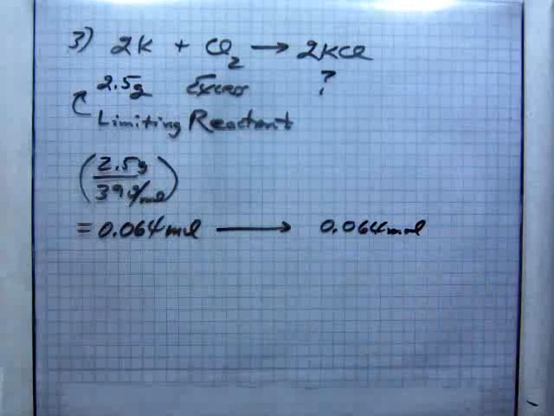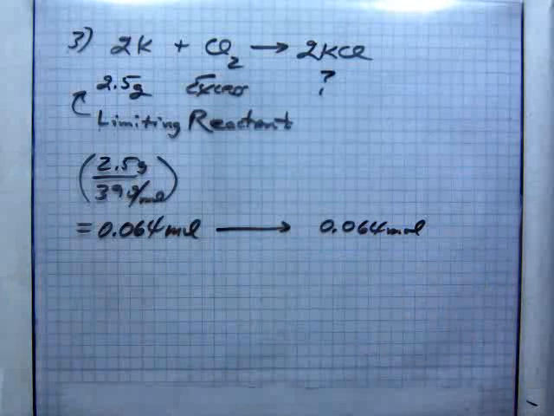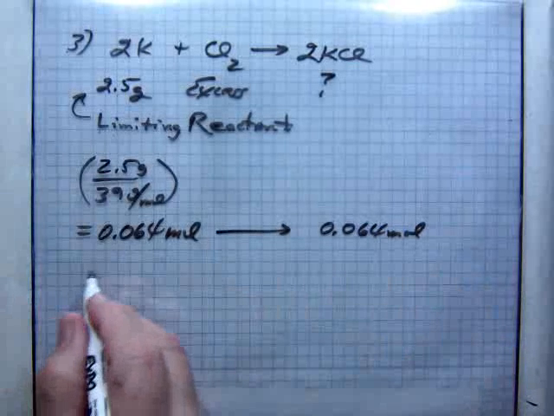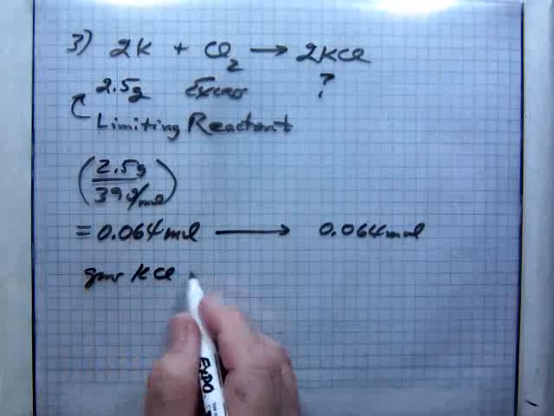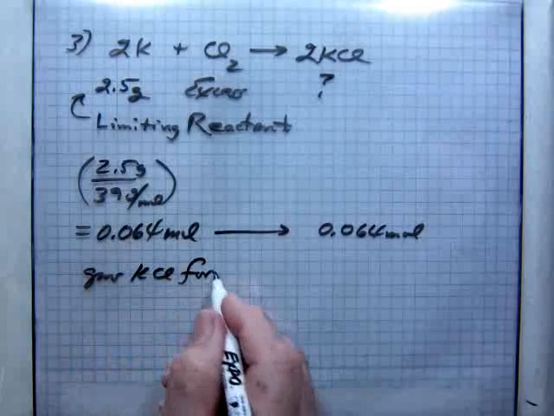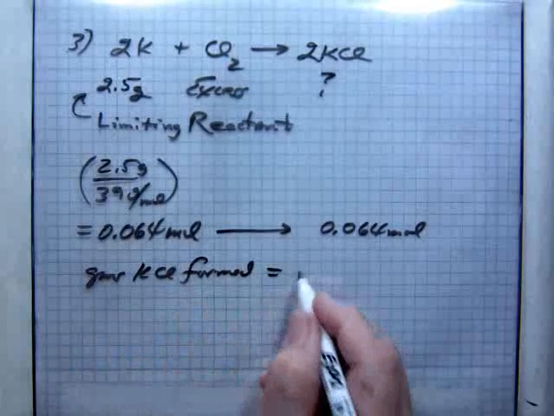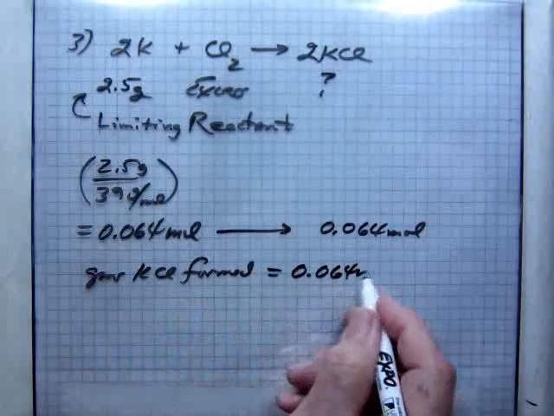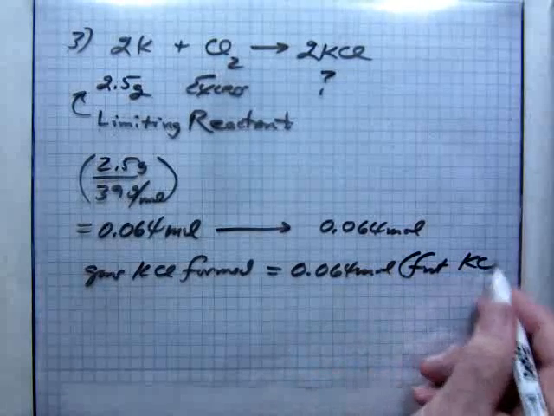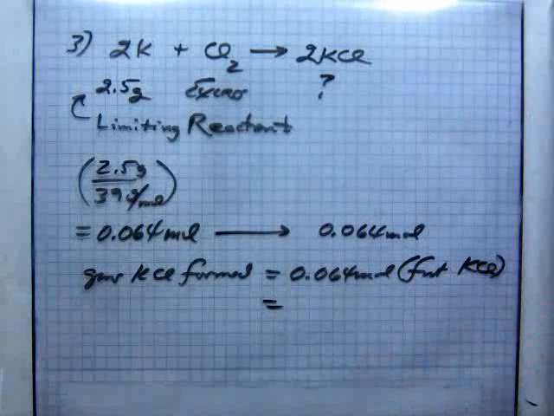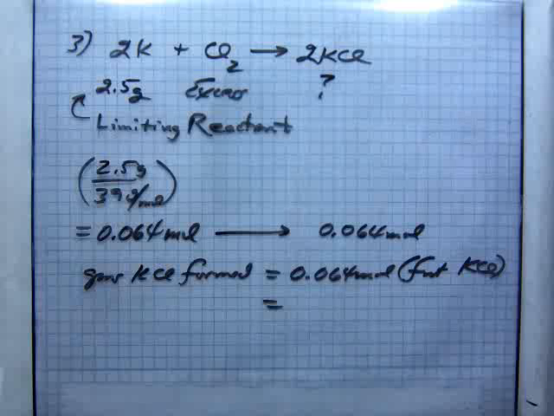This is a 1-to-1 mole ratio. So the grams of the KCl formed is equal to 0.064 mole times formula weight of the KCl.